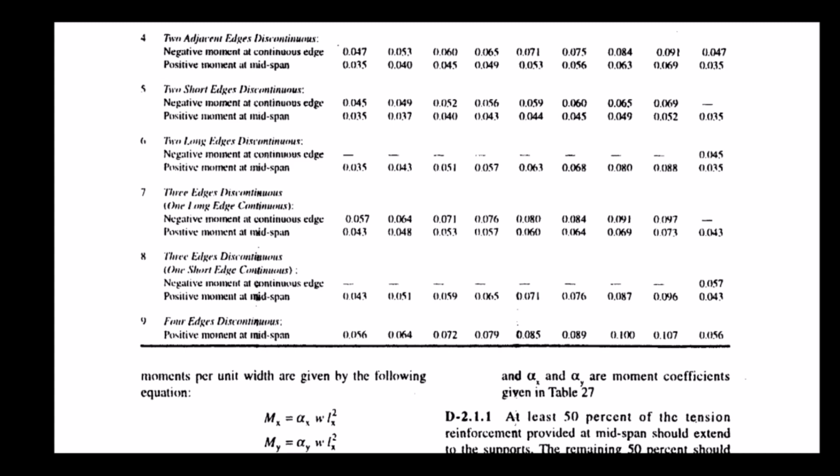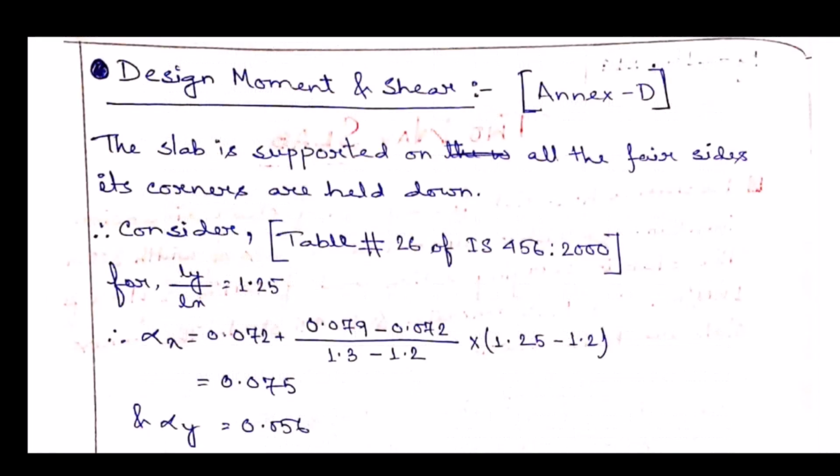Now we have to interpolate to find the value, and for alpha y, look, 0.056 is given. So for alpha x, we have to find the value between 0.072 and 0.079.